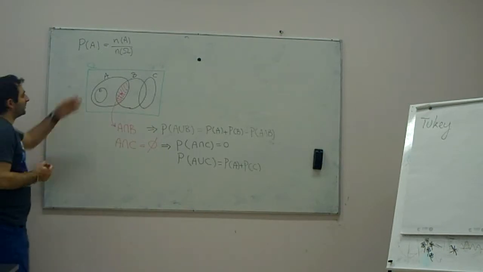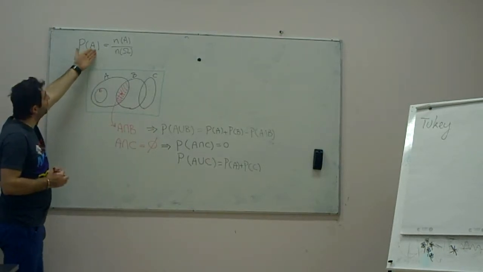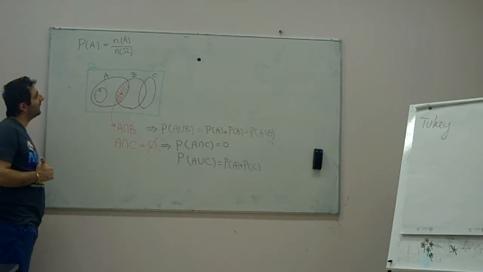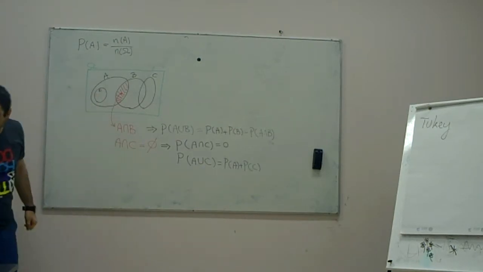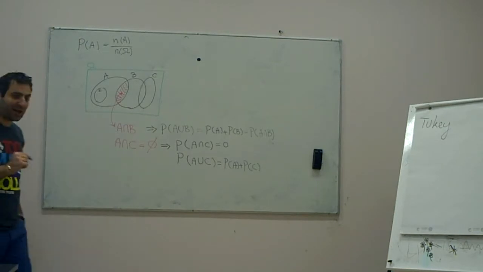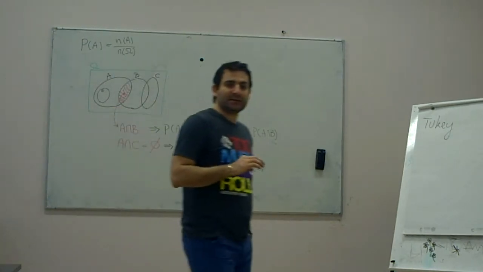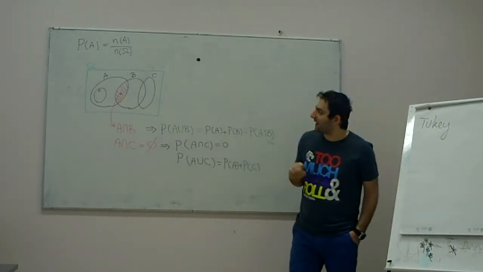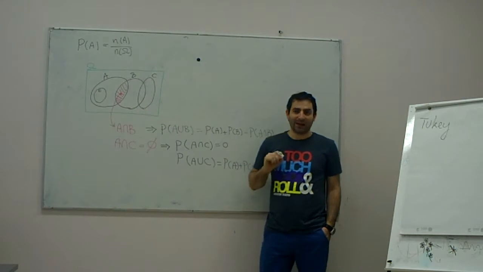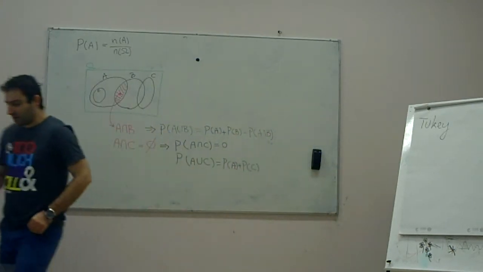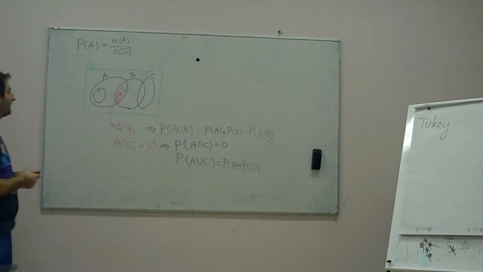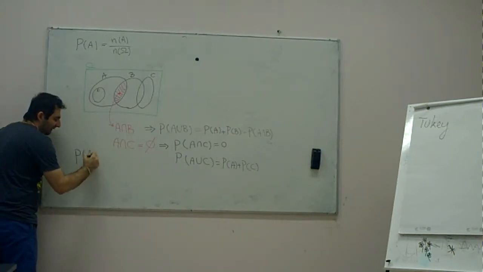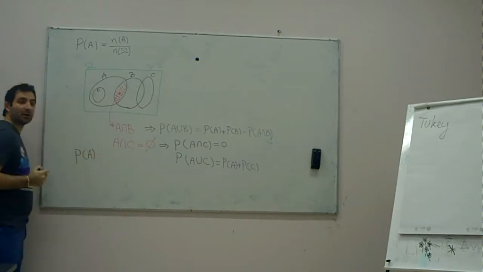Now, what is the definition of probability of A? We have to look at the number of A and divide it by the number of omega that we have. There are two sets that I have put in this Venn diagram because we want to talk about them a little bit more in detail, and they are set A and set E. What can we say about probability of A in general?